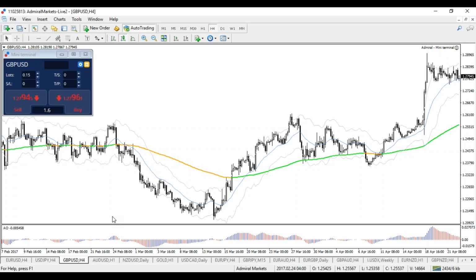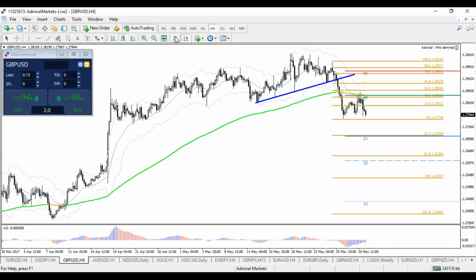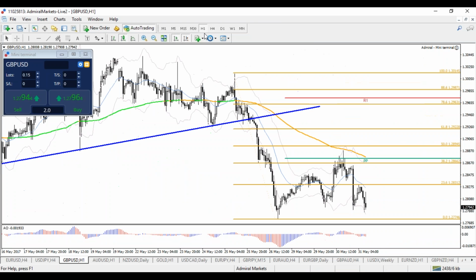All right, let's see. Esco is saying that, I'm not sure which diagonal support line, but that's okay.